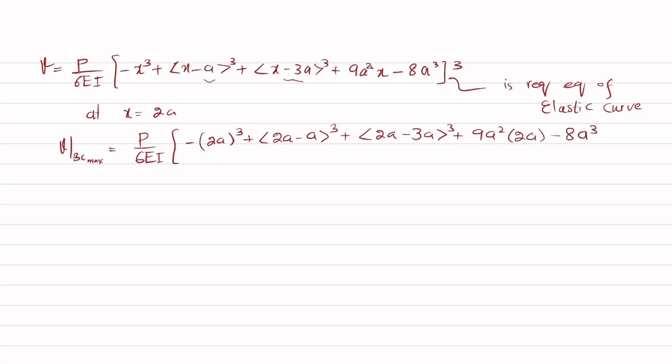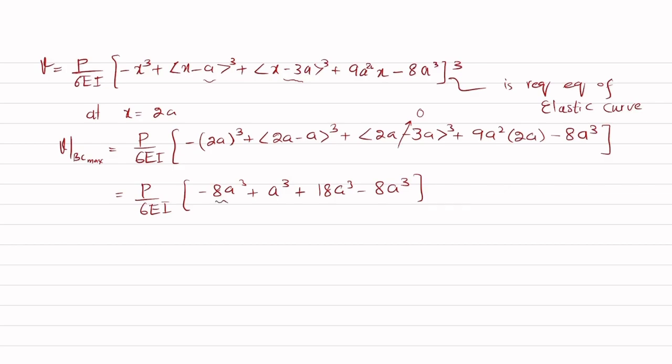8a cube. So we will get P over 6EI, and this will be minus 8a cube plus a cube plus this term will be equal to 0 because minus a in Macaulay bracket will be 0, plus 9 twos are 18, so 18a cube minus 8a cube.